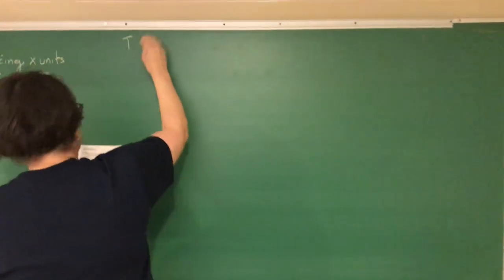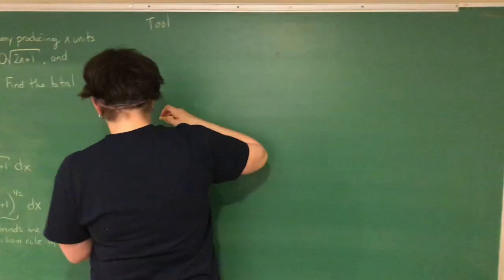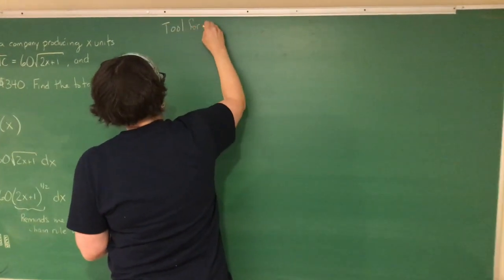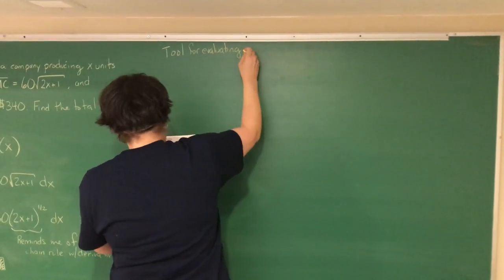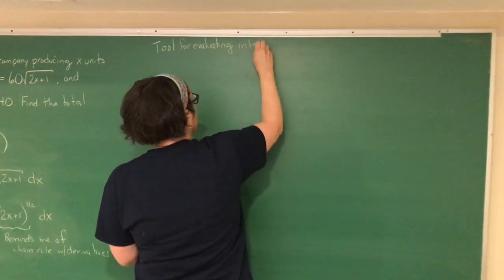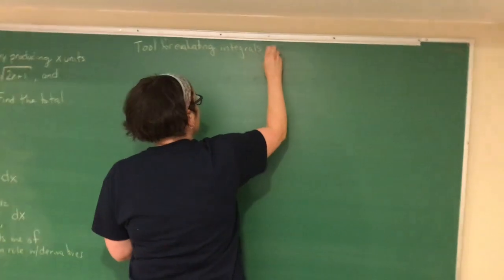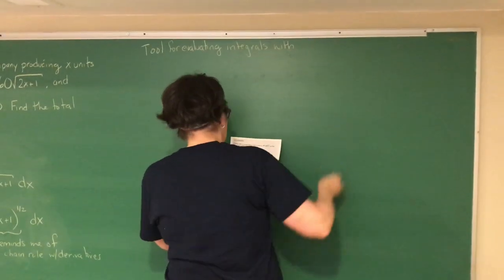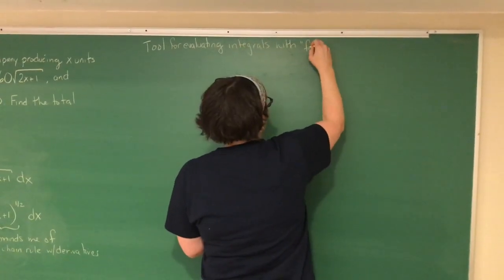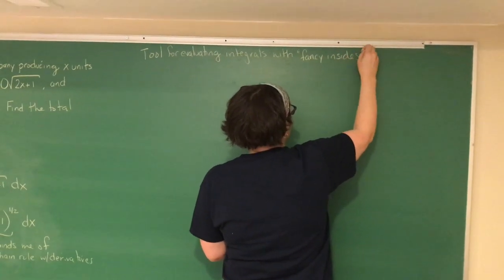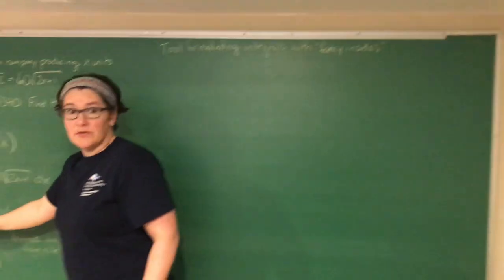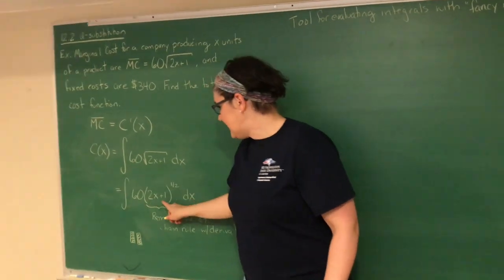So the tool that we're going to talk about is a tool for evaluating integrals with, and I'm going to call them fancy insides. So in this integral over here, I have a fancy inside.